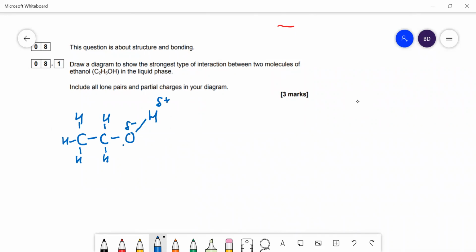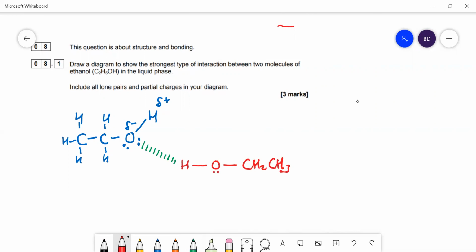Oxygen, of course, has got two lone pairs. Draw two there. And one of those lone pairs can form an interaction, the hydrogen bond interaction, with the hydrogen on another ethanol molecule. Let's do a different color. I just draw that one like that.